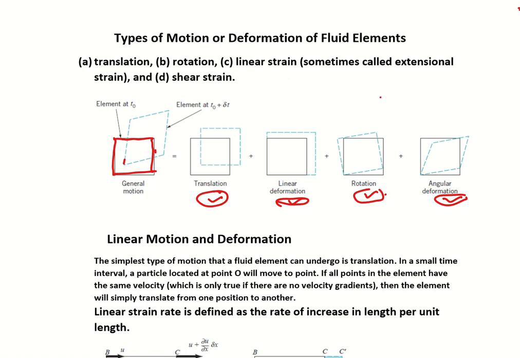Now to distinguish what these different motions and different deformations are under different conditions, let us first understand what translation is. Suppose you have a flow field in which u, which is the velocity in x direction, is constant, and v, the velocity in y direction, is also constant.